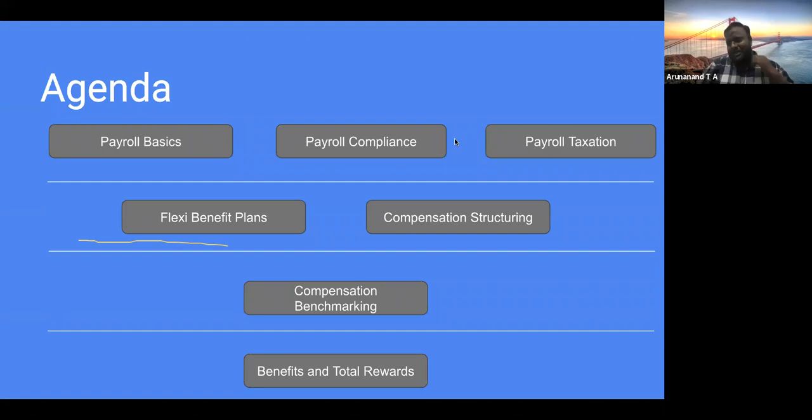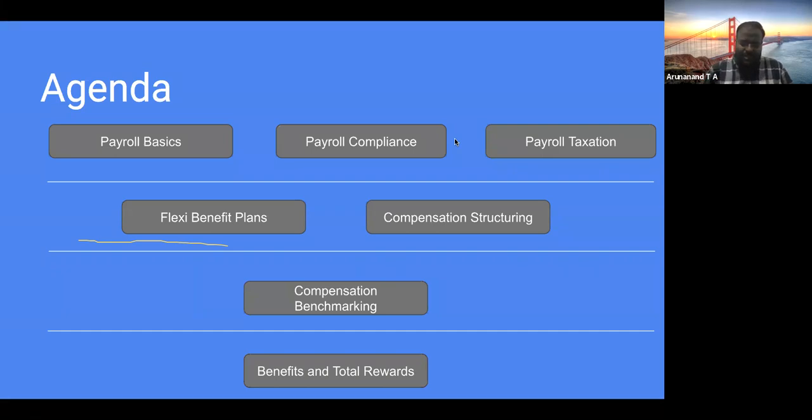So, I understand that all of you are MBA students. You might be going into the second year, or you have already graduated. You might have heard the terms payroll, benefits, rewards, total rewards, compensation. There are so many words you might have come across.